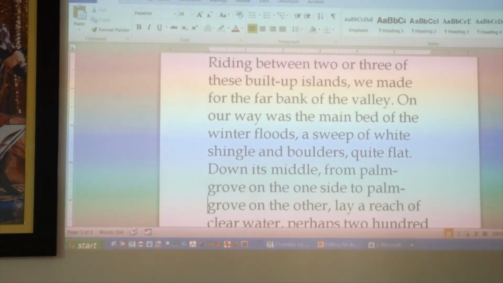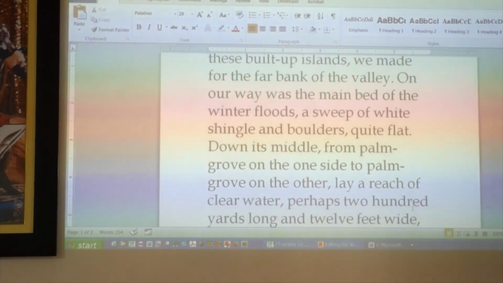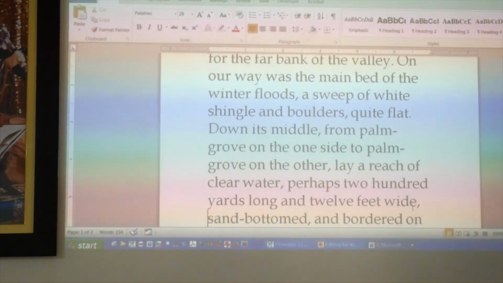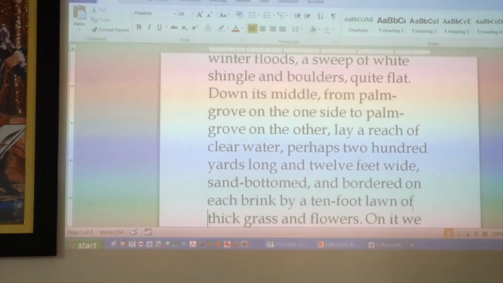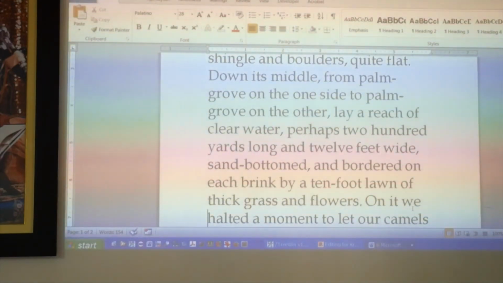Down its middle, from Palm Grove on the one side to Palm Grove on the other, lay a reach of clear water, perhaps 200 yards long and 12 feet wide, sand-bottomed, and bordered on each brink by a 10-foot lawn of thick grass and flowers.